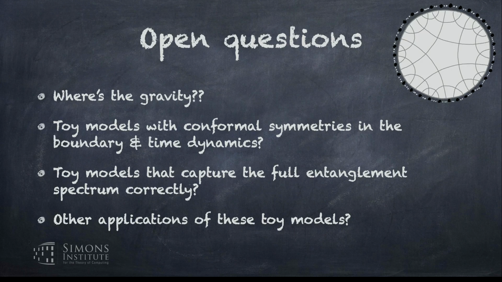But I know that you shouldn't be able to get these fixed area states for many different regions of the boundary simultaneously. So I know Chris is working on tensor network toy models that have a closer relationship, in terms of the full entanglement spectrum, to what you expect in real AdS/CFT.